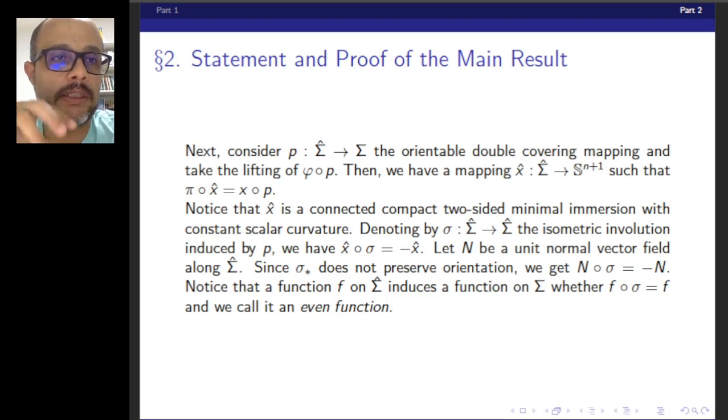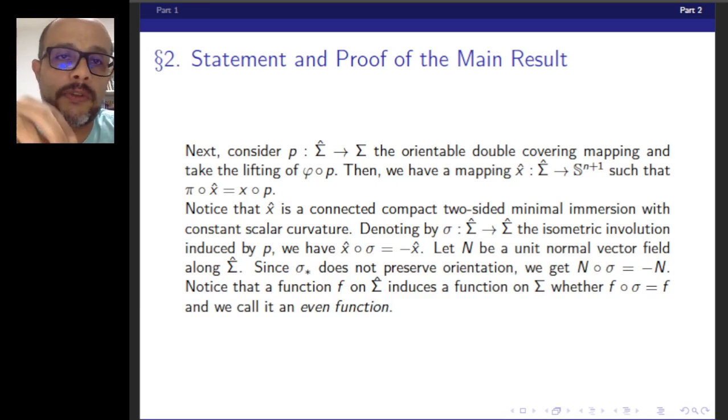Okay, if you do a picture of these maps, you have a diagram. Such diagram commutes. Okay. Notice that X hat is a connected compact two-side minimal immersion with constant scalar curvature. Okay.